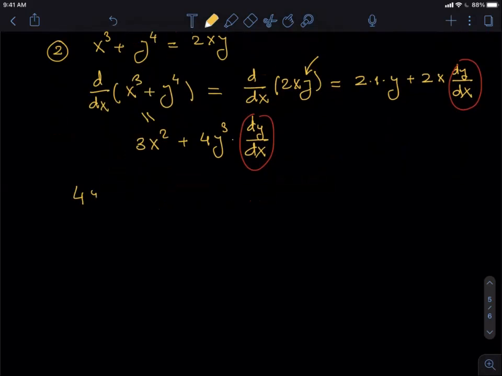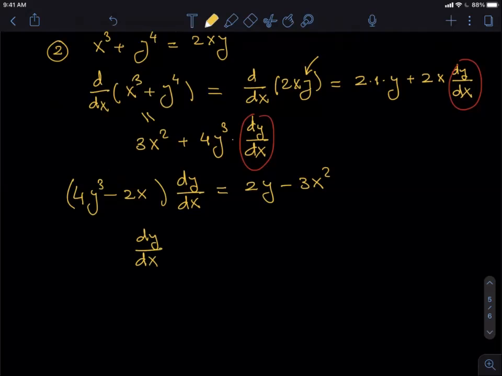So this is (4y to the power 3 minus 2x) dy/dx equals 2y minus 3x squared. And now dy/dx, as long as 4y to the power 3 minus 2x is not 0, we can solve for it. And we are done here.